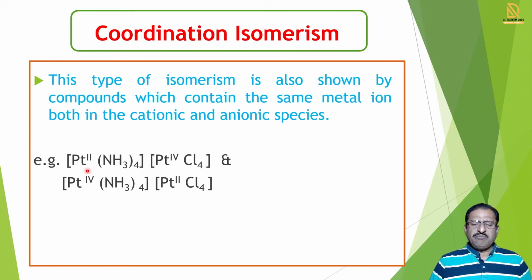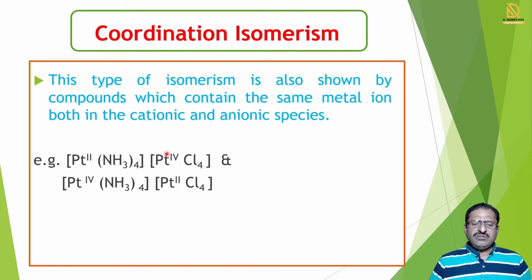So from this example you get an idea: [Pt(NH3)4][PtCl4]. You see, in the first, platinum has oxidation number +2, and in the second, platinum has oxidation number +4.